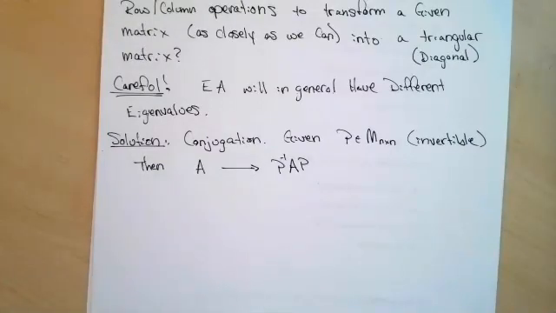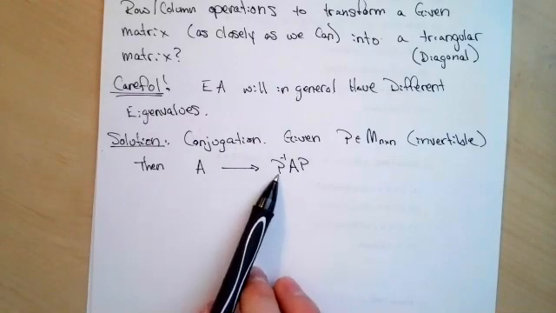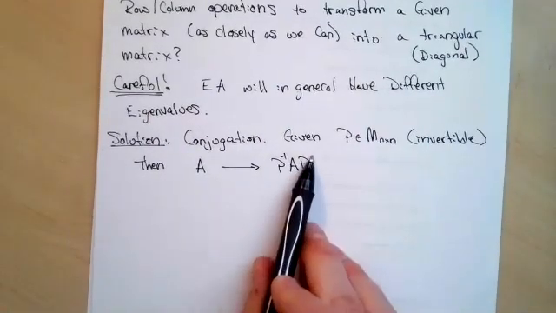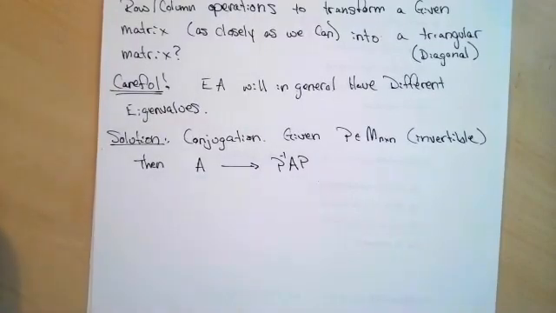Let me check, I forget which direction. Yeah, I think we had the inverse on the left. Doesn't matter. You can have P inverse A P or P A P inverse. However you want to model it, those two situations are logically equivalent.